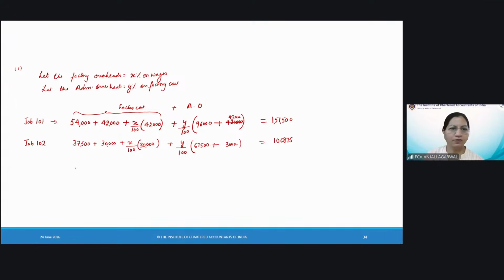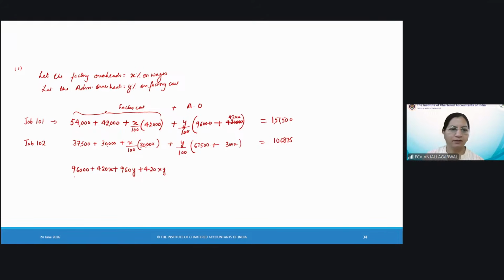So when you solve the two equations, you get 96,000 plus 420x plus, if you solve this, 960y and plus 4.20xy.